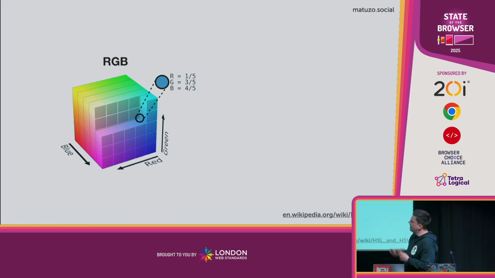For example, there's the RGB color space. This is a little bit confusing because there is an RGB gamut and also a color space by the same name. And what RGB does is it creates this rectangular shape, and you can access colors using the R, G, and B channel. So that's what we're doing in hex and in the RGB function.